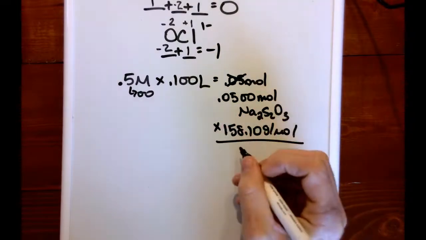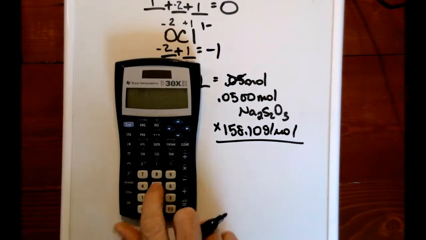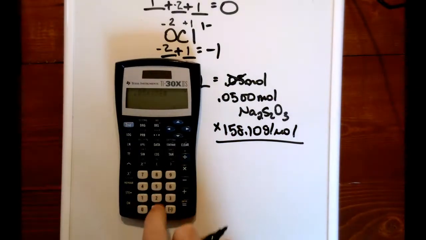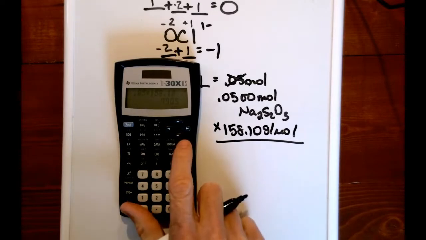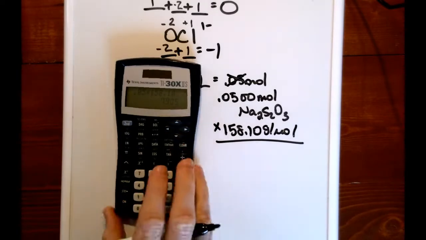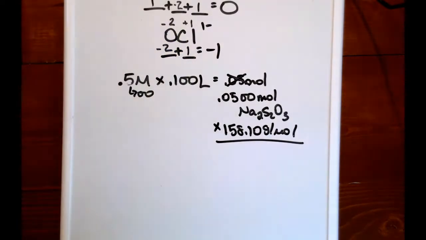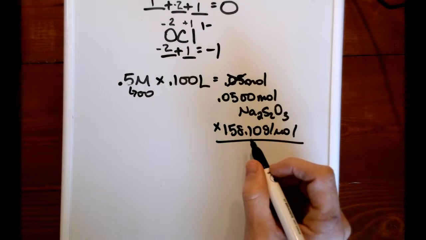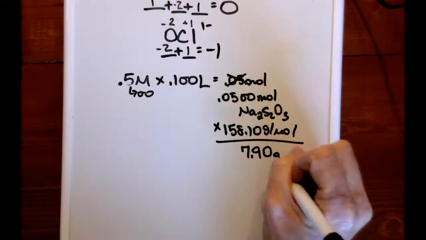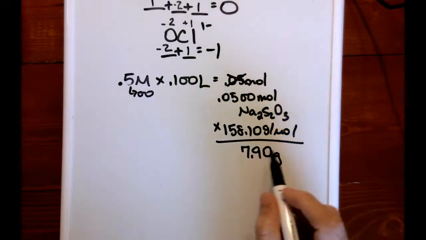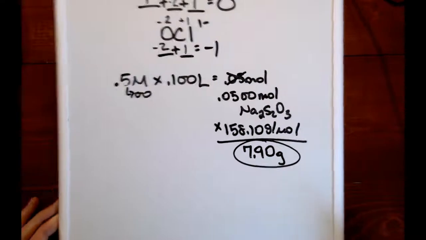So we multiply, and when we do 0.05 times 158.1, we get 7.905, and to 3 sig figs, I rounded just a little bit, it would just be 7.90 grams of sodium thiosulfate for our answer for B, part 1.